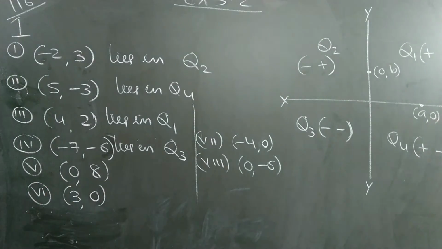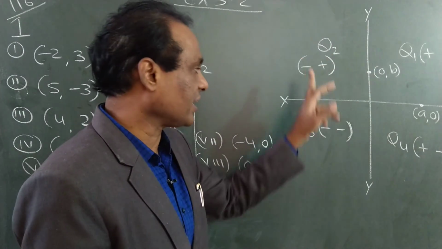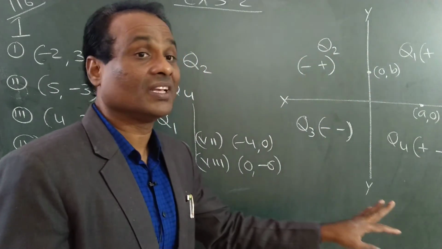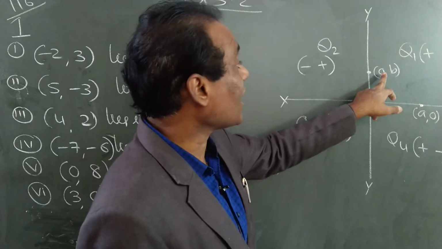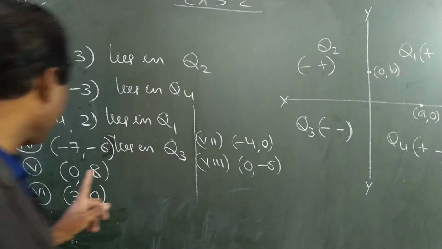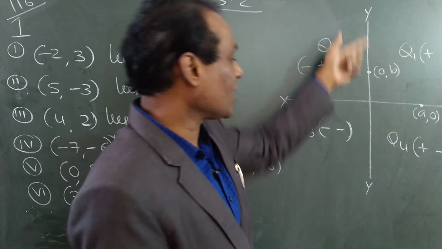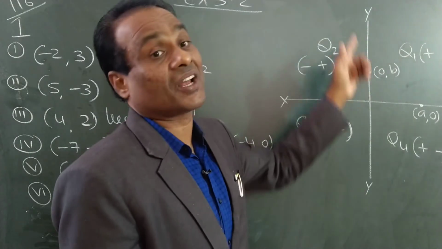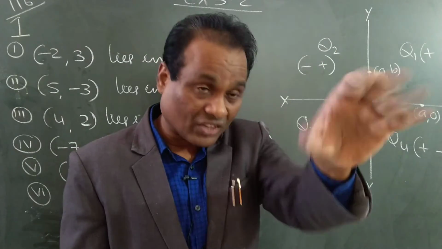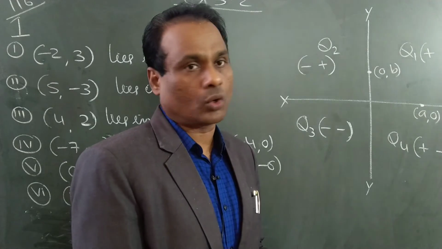X value 0. X value 0 means it is not in first, second, third or fourth. X value 0 means on y-axis. At any point on y-axis, x value is 0. See the notes.